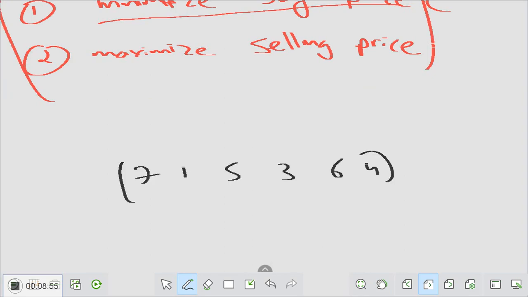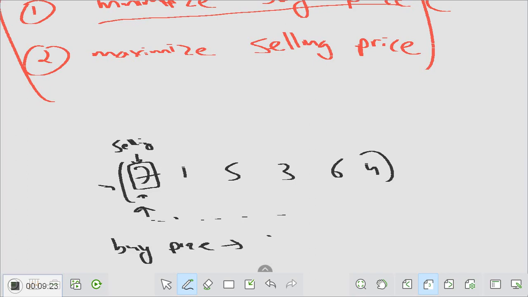So I will have a pointer at this point, and this pointer will increase, and as the pointer points to a particular day, I'm going to consider that day's price as my selling price, and the buy price is going to be the minimum I have till the current day.